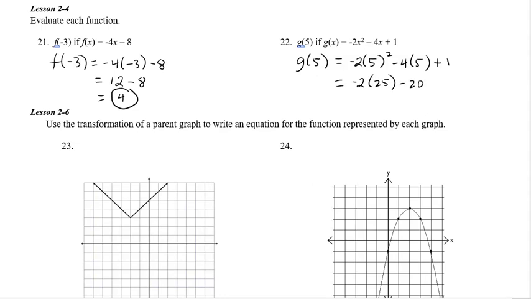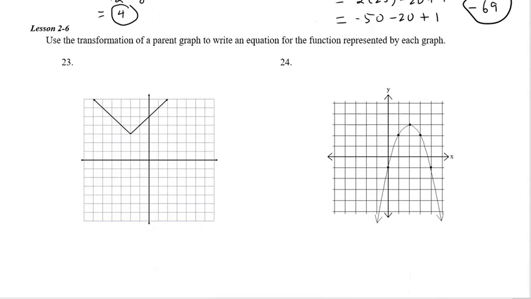And this is going to be 20, 4 times 5. -50 minus 20 plus 1. -70 plus 1 is -69. And that's my answer for 22.